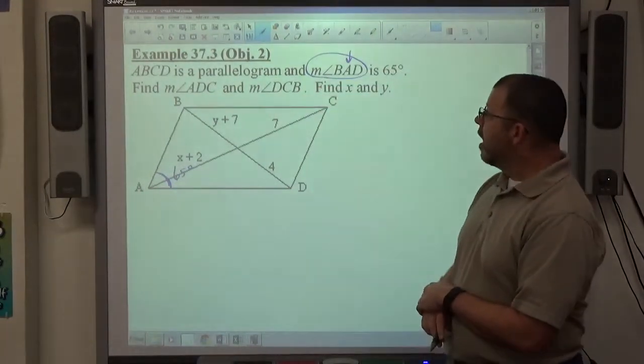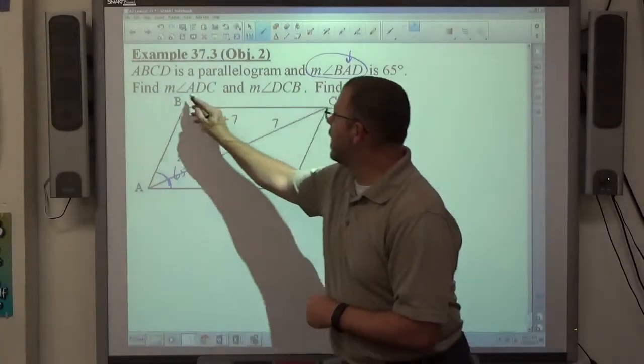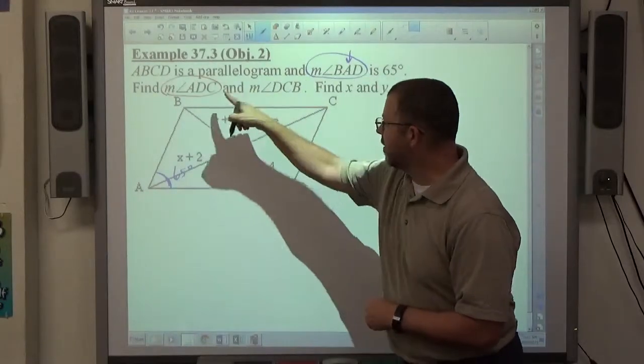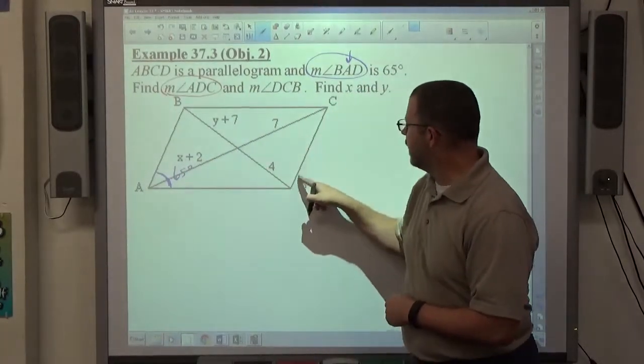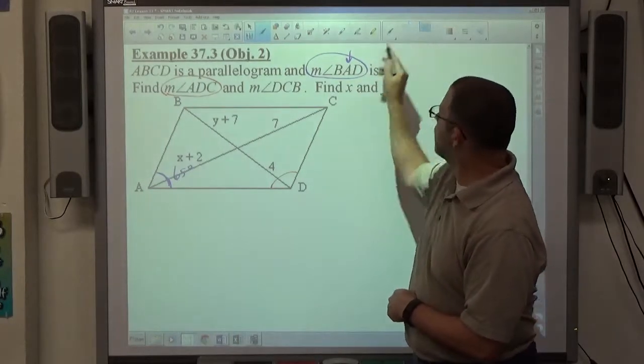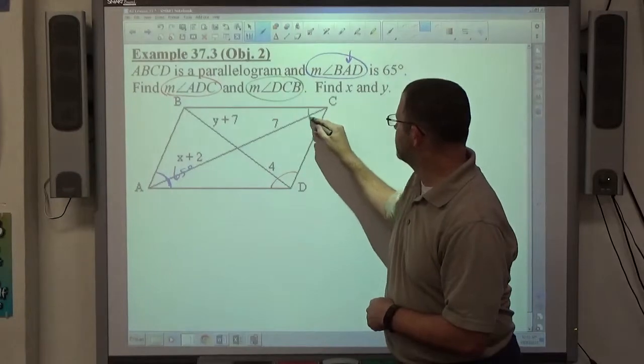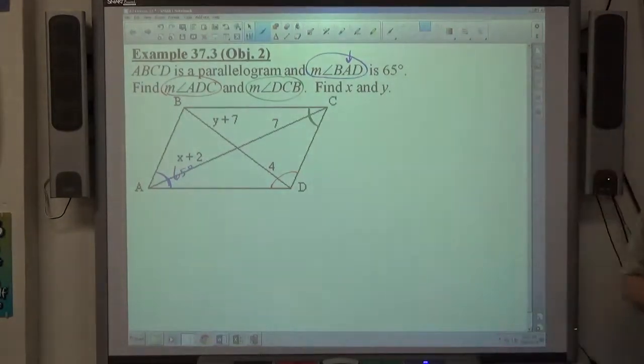Okay. It tells me to find the measures of angle ADC. So angle ADC, again using the same 3-letter stuff, A to D to C makes this angle. And measure of angle DCB, DCB is this angle. All right? So ignore the diagonals right now. Just focus on the green, the red, and the blue.